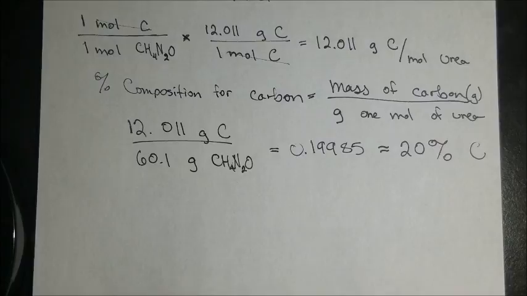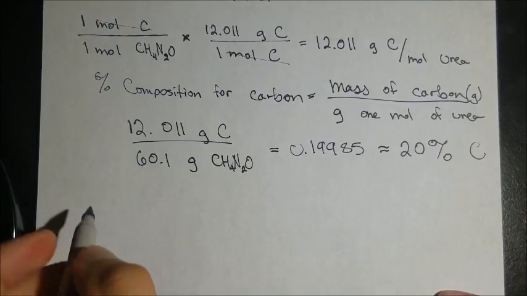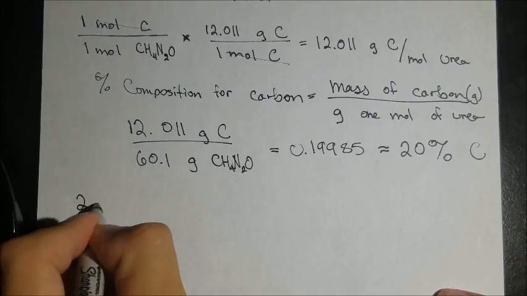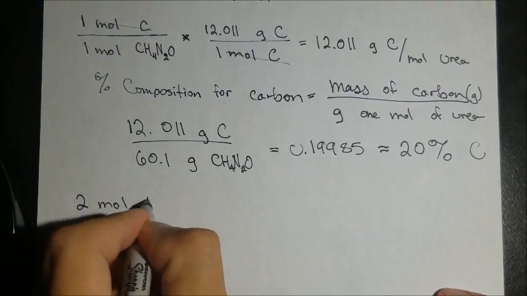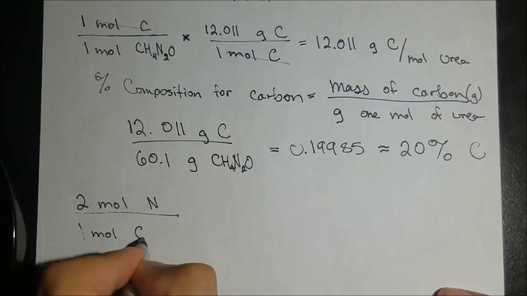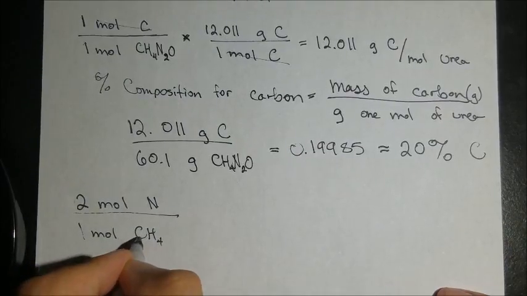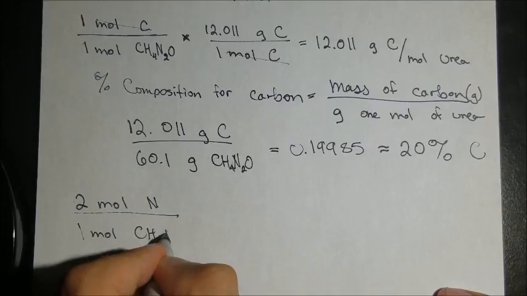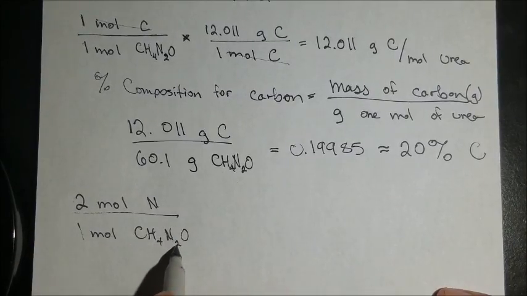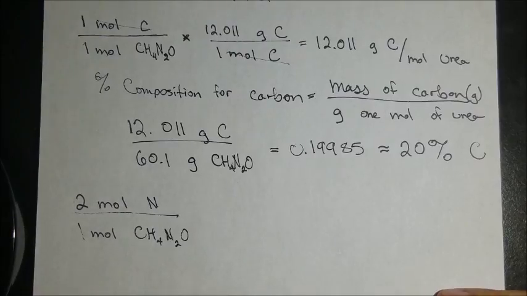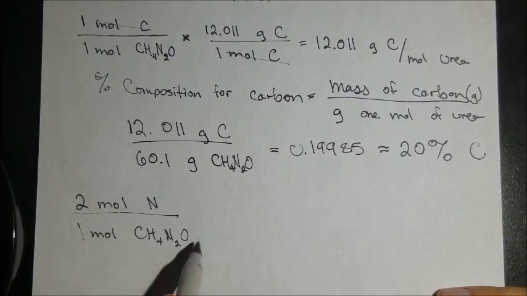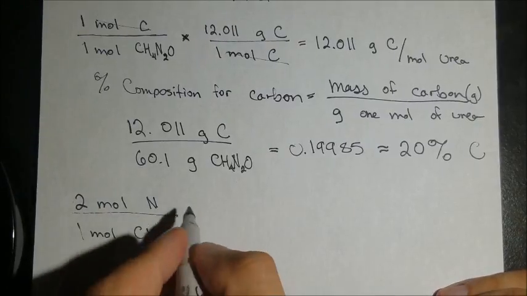Let's choose nitrogen. And for nitrogen, we have 2 moles of nitrogen in every mole of CH4N2O. Right? So we have a mole of this, and there's 2 moles of nitrogen in a mole of urea. That's where this came from. So we got 2 moles of nitrogen for every 1 mole of the molecule urea.